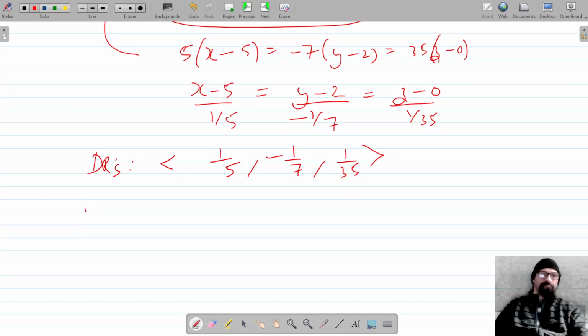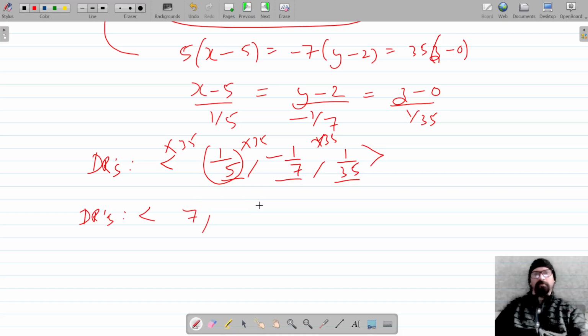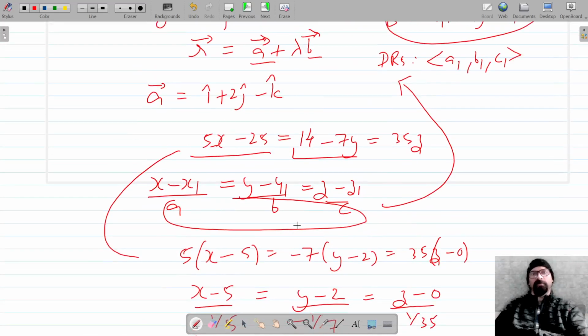Okay, so our direction ratios of this line are 1 by 5, negative 1 by 7 and 1 by 35. Now here the LCM of 5, 7 and 35 is 35, so I'm going to multiply each of these terms with 35. So 35 into 1 by 5 is 7, 35 into negative 1 by 7 is negative 5, and it's 1. So the direction ratios are 7, negative 5 and 1.